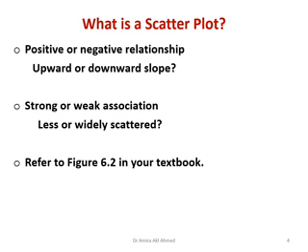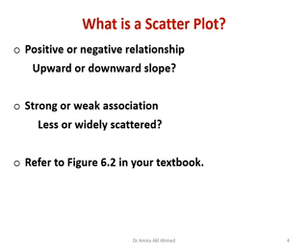A scatter plot is simply a graph in which the values of the first series are plotted against the values of the second series. Note that the values of the independent variable are represented by the horizontal axis, whereas the values of the dependent variable are represented by the vertical axis.